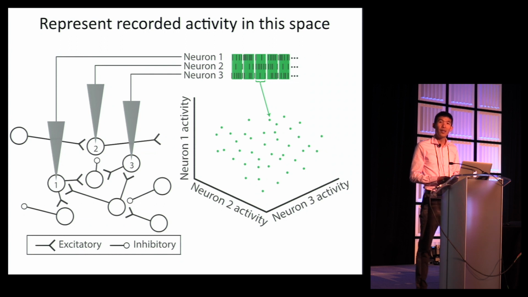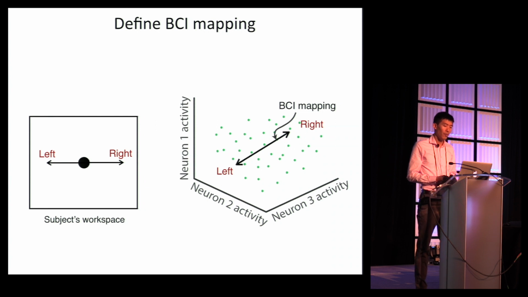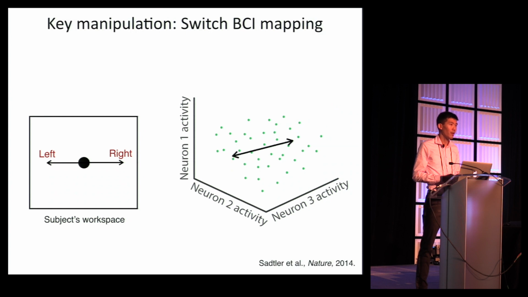Now what we can do is to define a BCI mapping in this space. Okay, for example, we can define this BCI mapping shown here, right, whereby to move the cursor to the left, the subject would need to move its neural activity to this lower left part of the space. Right? And to move the cursor to the right, the animal would need to produce neural activity out here. Okay, the key experimental manipulation that we're going to use here is to change the BCI mapping.